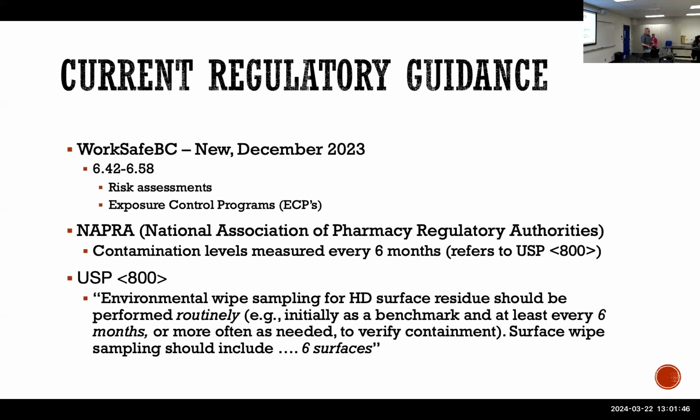But NAPRA refers to USP 800, and USP 800 just talks about there's 6 surfaces. They include, in biological safety cabinets, some very, you don't think a lot of evidence has gone into the selection of sites that they've selected, and no other information about sampling strategy in terms of the number of samples to take and the drugs that should be selected and so on.